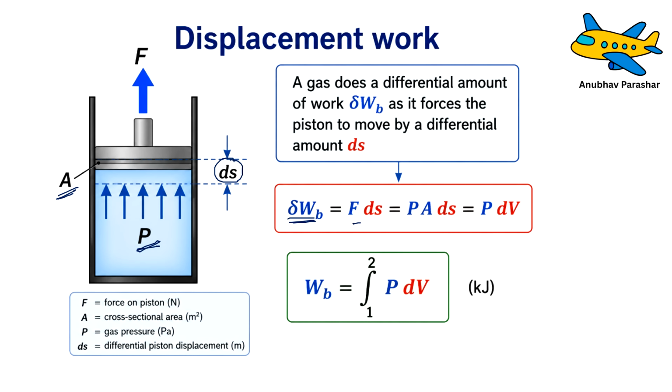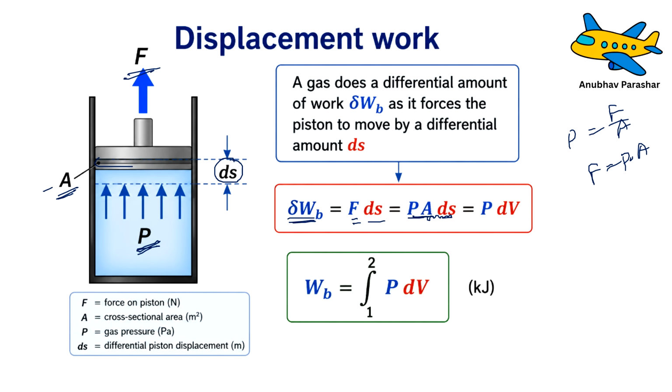Work done is force multiplied by displacement. And force is nothing else but pressure multiplied by area, because we write pressure as force by area. So I can write force is equal to pressure into area. So I have replaced force with pressure into area, times ds. Now what is area into ds?